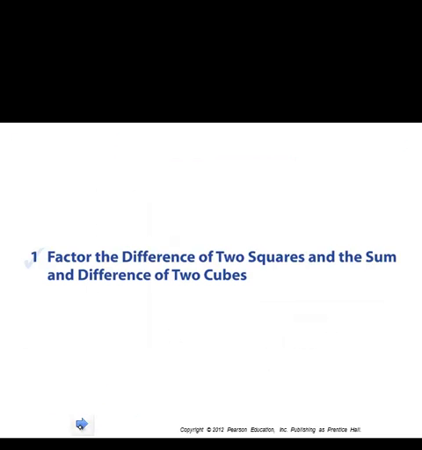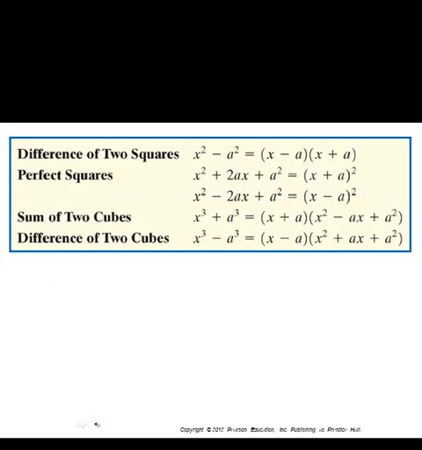So we're going to use that as our guide as we move forward in factoring more and more complicated polynomials. Now, here we have just a quick crib sheet to allow us to factor some of the more common forms of polynomials, including difference of squares, which we could write as the x minus a times x plus a form.